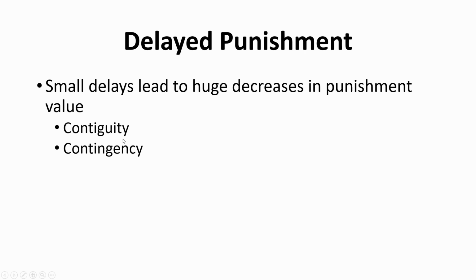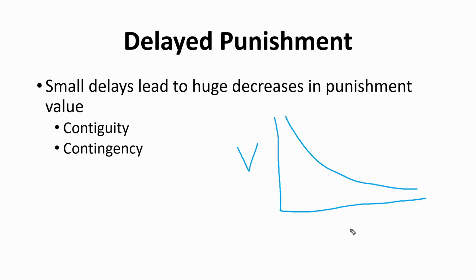All right, the next thing that we want to consider is delayed punishment. And this concept is very similar to when we talked about delay of reinforcement, where as there is a delay in time, the value of a reinforcer tends to drop off fairly quickly. So if we have value here and time here, the longer the delay is, the less value we give to a reinforcer. The same thing applies to punishers.